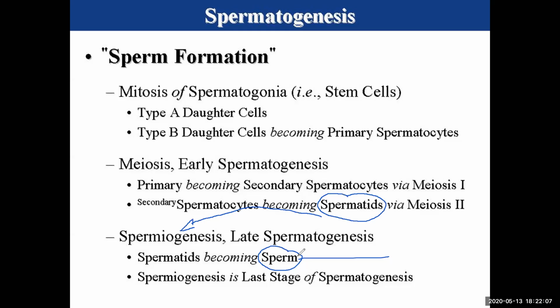So if each testis consists of 300 lobules, then each testis contains 300 seminiferous tubules. And each seminiferous tubule is the production site to synthesize sperm. Once produced, the sperm are not functional. It takes some time for them to go through the maturation process as they transit through the duct system, through the male reproductive tract. Okay.